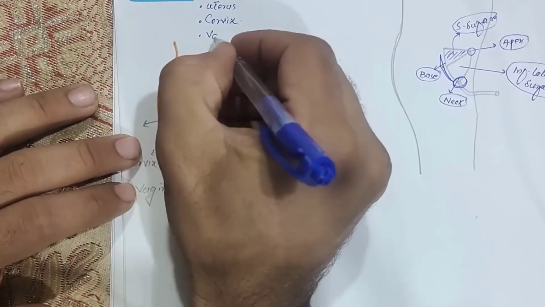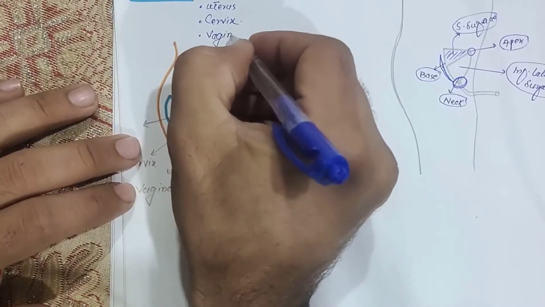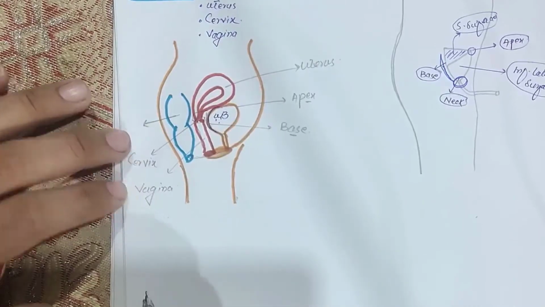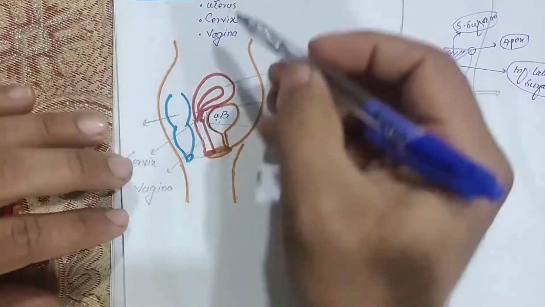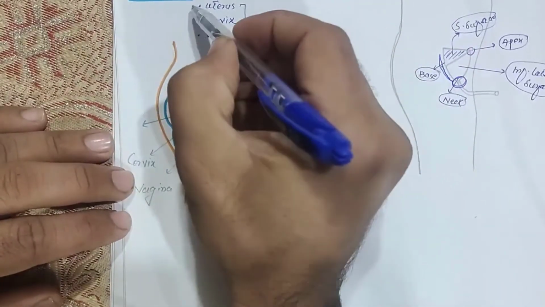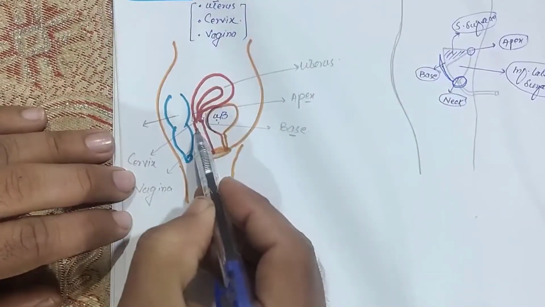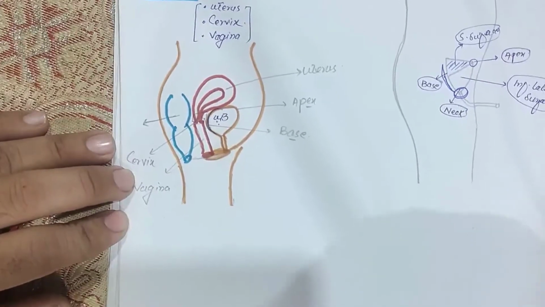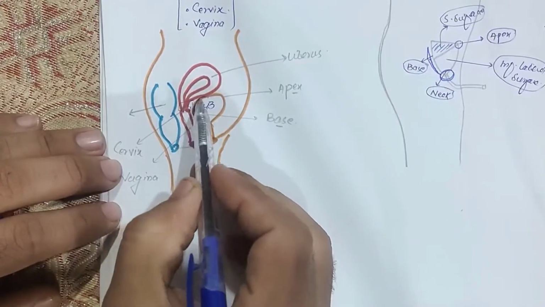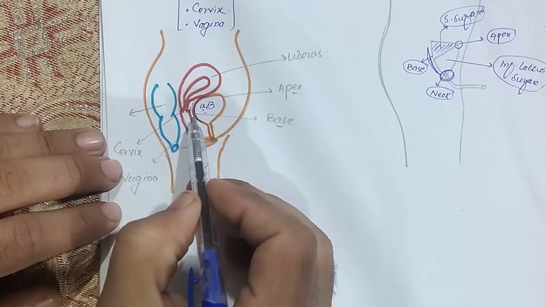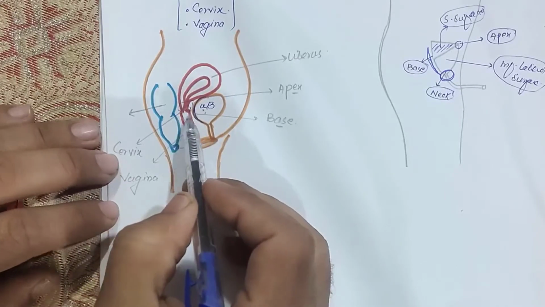There is vagina, upper part of vagina. So you can see these three structures are present posterior to the urinary bladder in case of females. So these are the relations of the base of the urinary bladder in case of female, right?